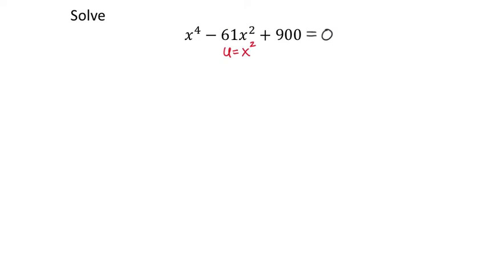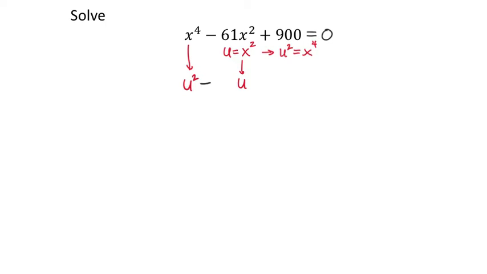Now, if you were to square both sides of u equals x squared, you would get u squared equals x squared squared, which is x to the power 4. So my x to the power 4, I could replace with just u squared. And my x squared is just u.